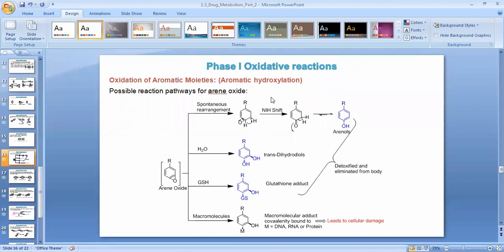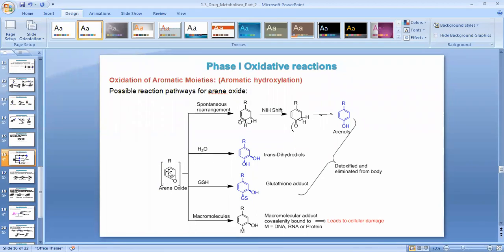So far we have seen which ring is preferred for aromatic hydroxylation reaction. But we have seen on slide number 2 that there are different types of enzymes which convert the drug molecule into different forms. Similar is the case here.